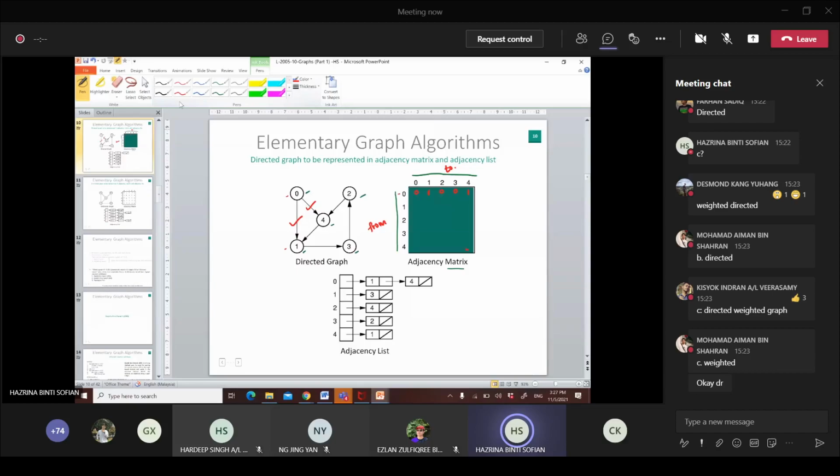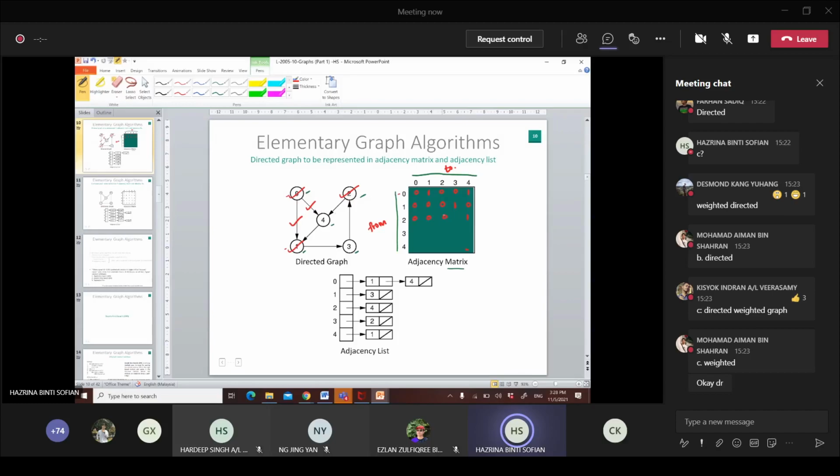Next, from 1. 1 can only go to 3. Can 1 go to any other direction? No, right? So the rest we just put as 0. Next we do 2. 2 can only go to 4.